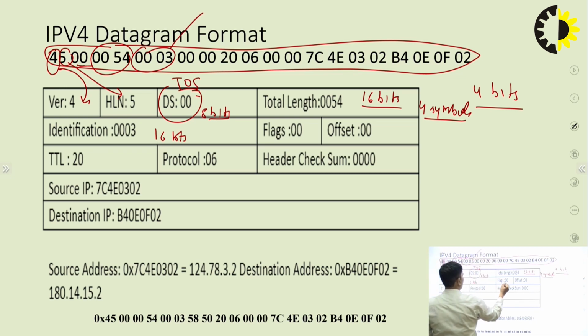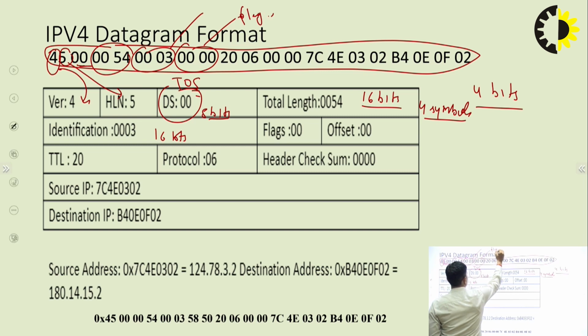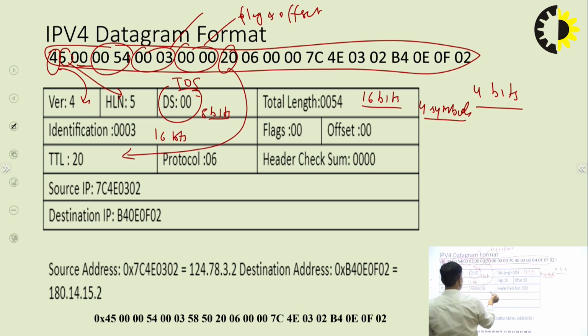Then flag plus offset consists of 4 symbols. This is the flag and offset. Okay. Similarly, next 8 bits of TTL. So this is TTL. Next, protocol field of 8 bits. So 06 is in the protocol field.